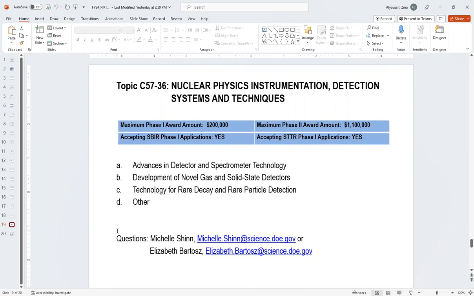The first one is advances in detector and spectrometer technology. What we're looking at, of course, is, say, the EPIC detector that will go into the electron ion collider, or systems like MOLLER being built at Jefferson Lab. We need large area, lower cost detectors to detect, analyze, and track photons, charged and neutral particles.